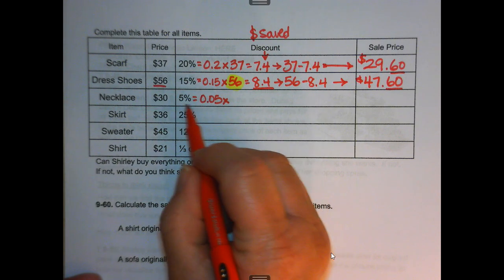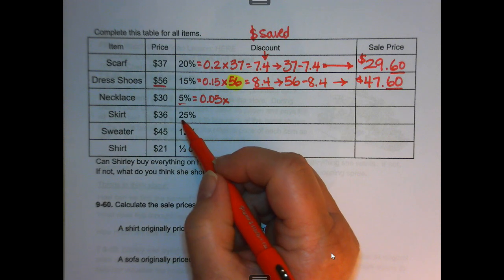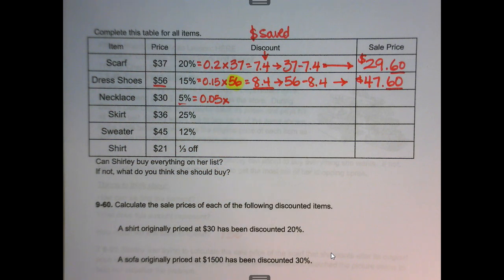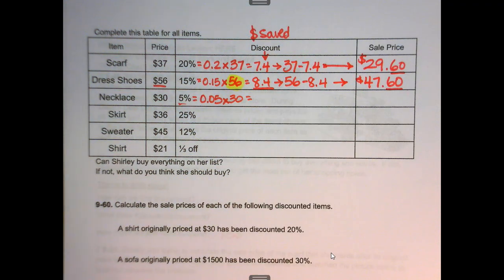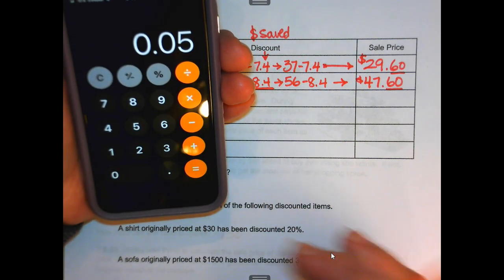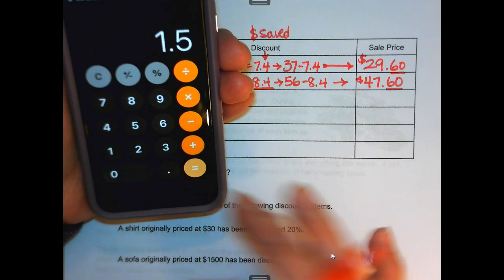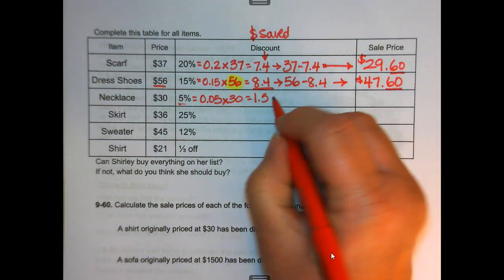So I need to really think about how special and unique these percents are when they only have one place value space. All right, so we're going to multiply 5/100 times 30. And again, I need to make sure I put that 5/100 in times 30, and I get $1.50 or 1 and 5 tenths.